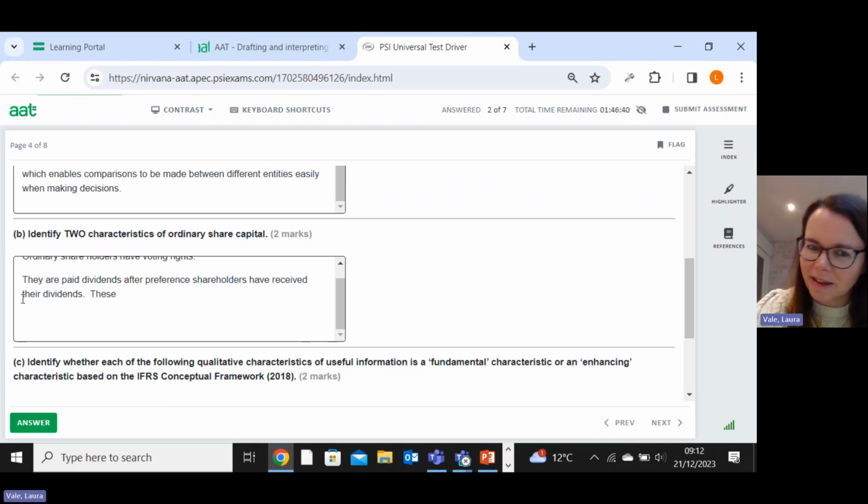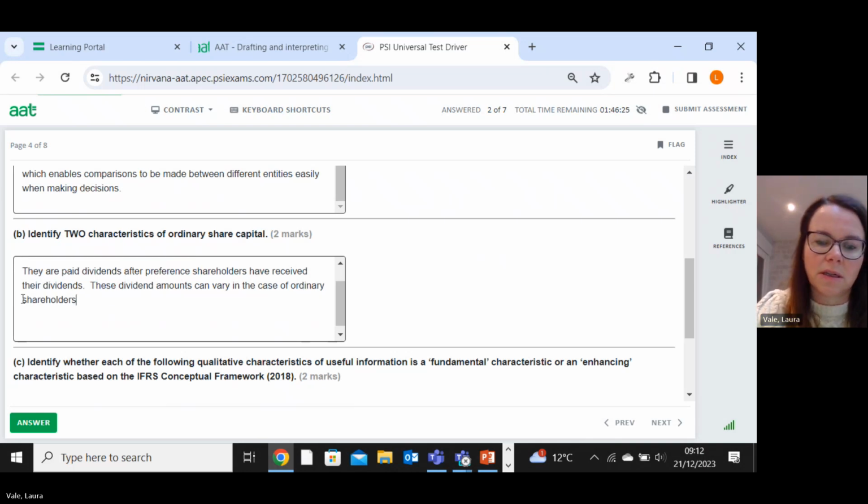I would probably also say these dividend amounts can vary in the case of ordinary shareholders.